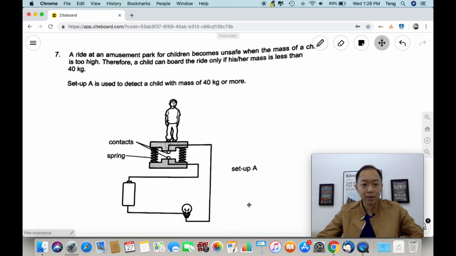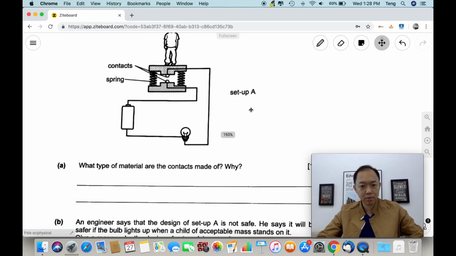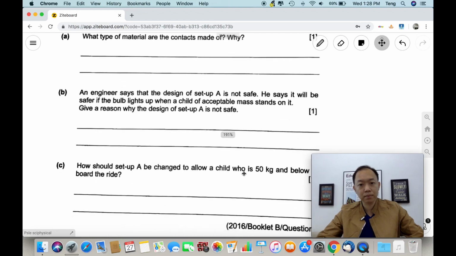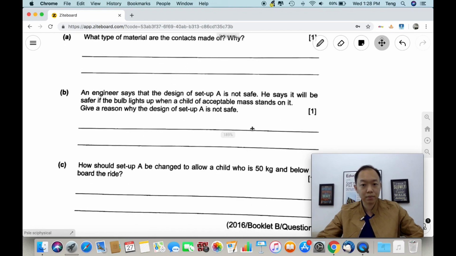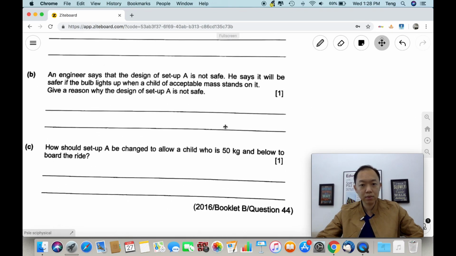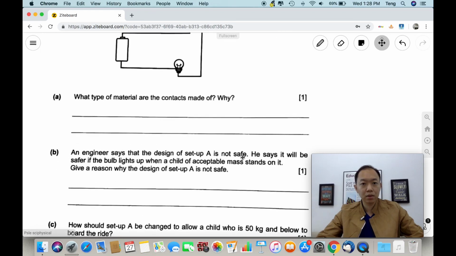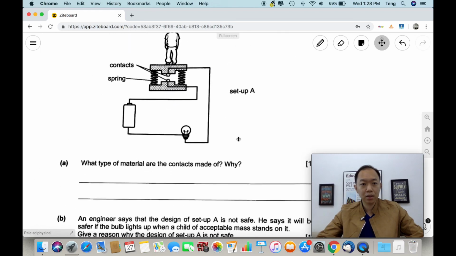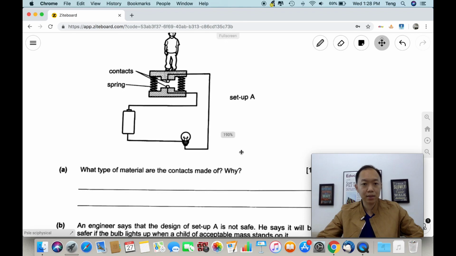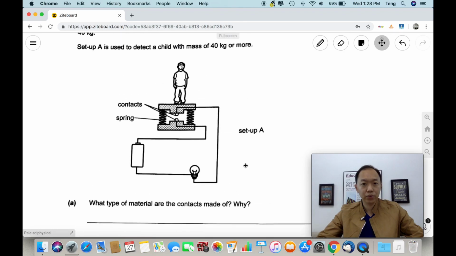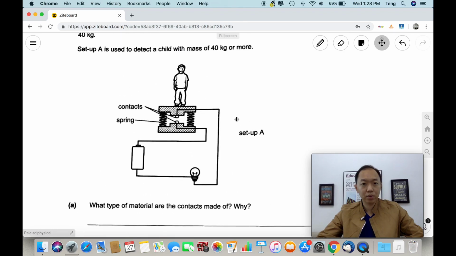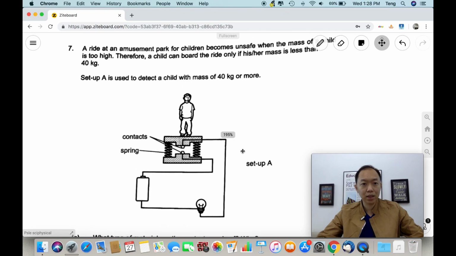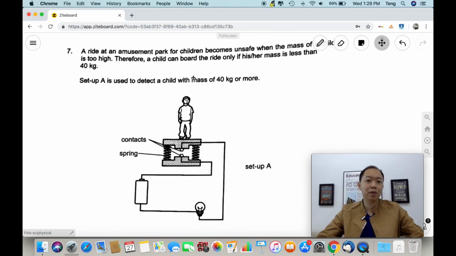Okay, I think there's one more. Question 44. What type of material are the contacts made of? There's a ride at the amusement park.